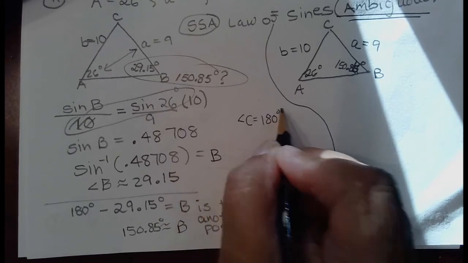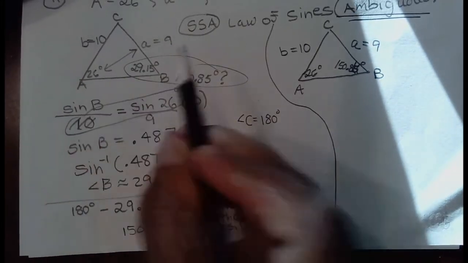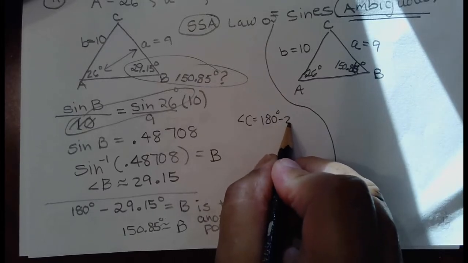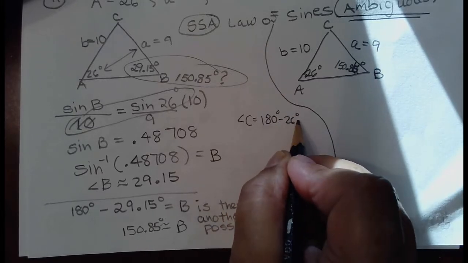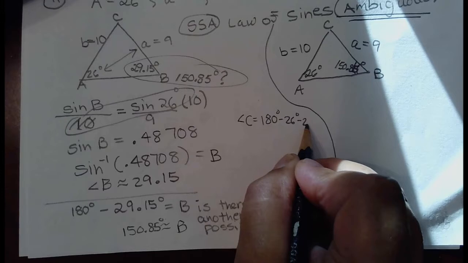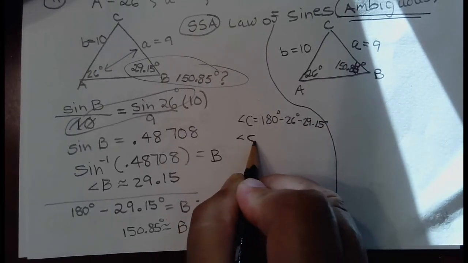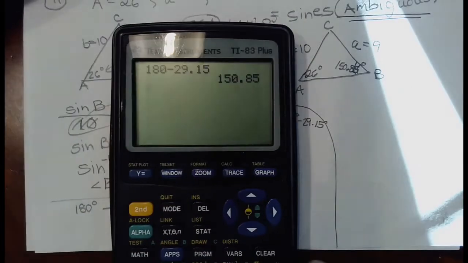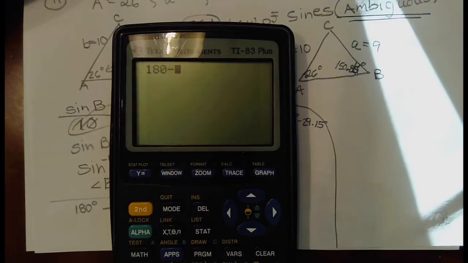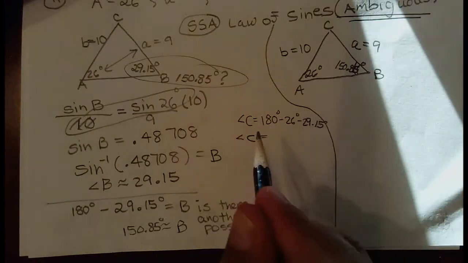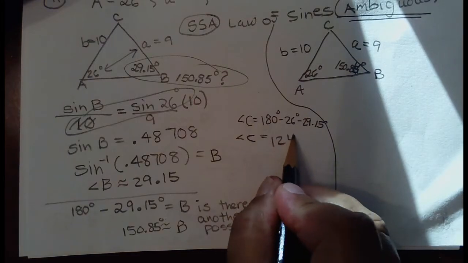And then you will have angle C is 124.85. Okay, so based on this angle being 29.15, this angle comes out to be 124.85.